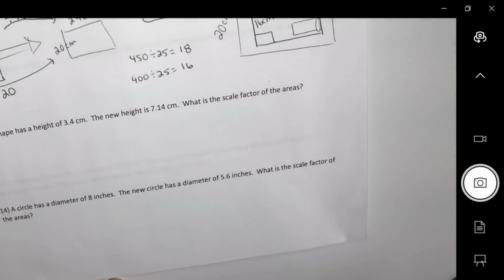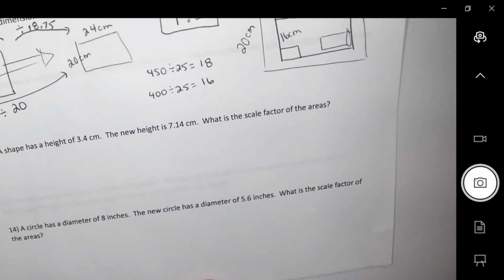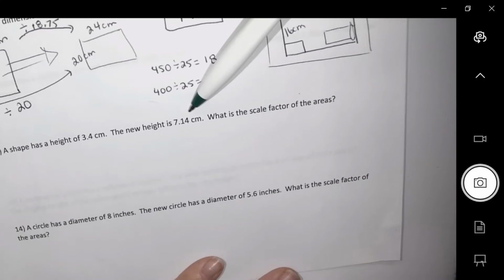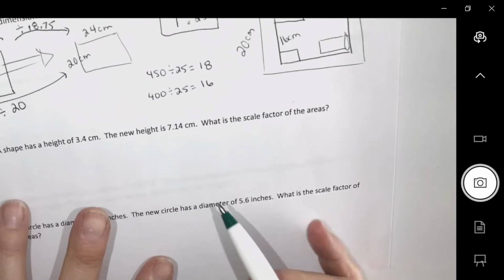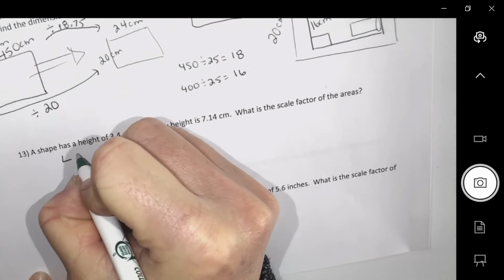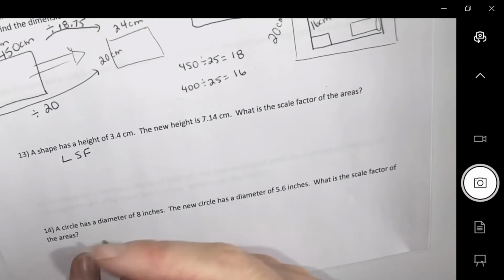Okay, we have a shape. It has a height of 3.4, and then the new height is 7.14. Let's go find the linear scale factor. So what are the dimensions? A height is a linear thing.